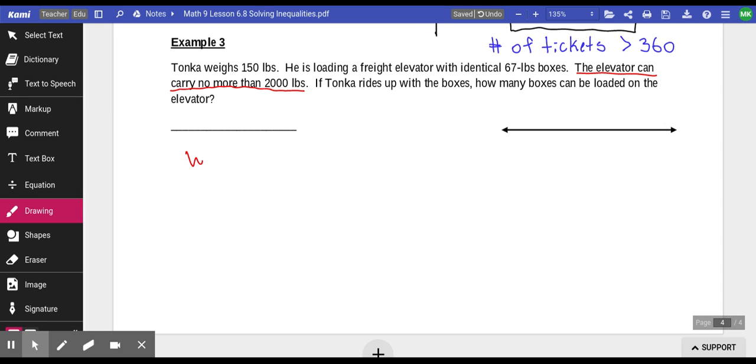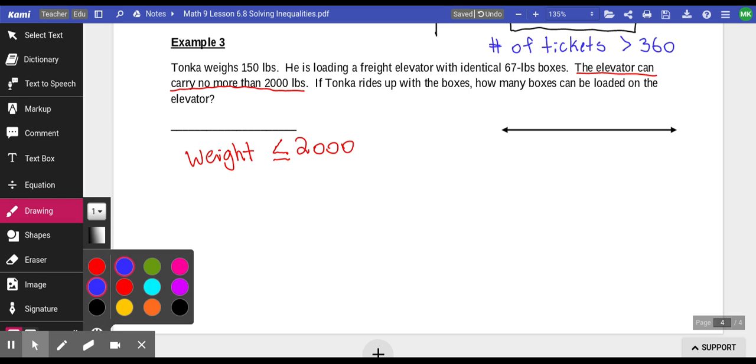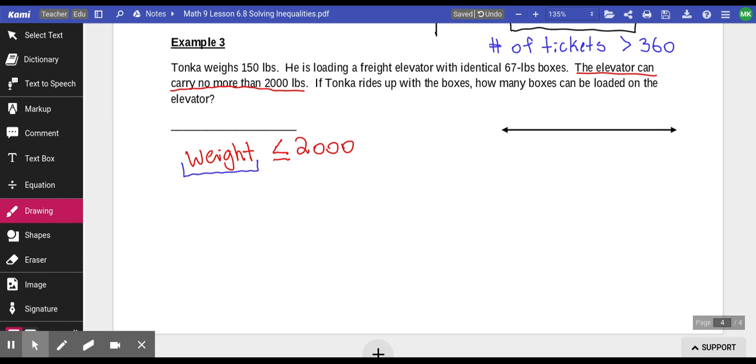That means my weight has to be less than 2,000 pounds. It technically could also be equal to 2,000 pounds because it said carry no more than 2,000 pounds. Then, to figure out your weight, my weight in this case will equal Tonka plus the boxes.